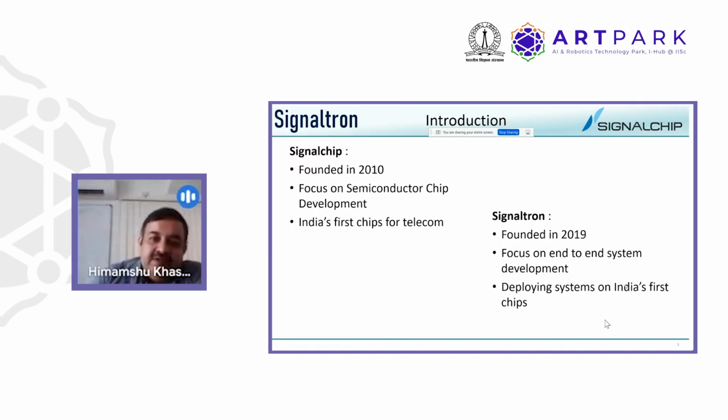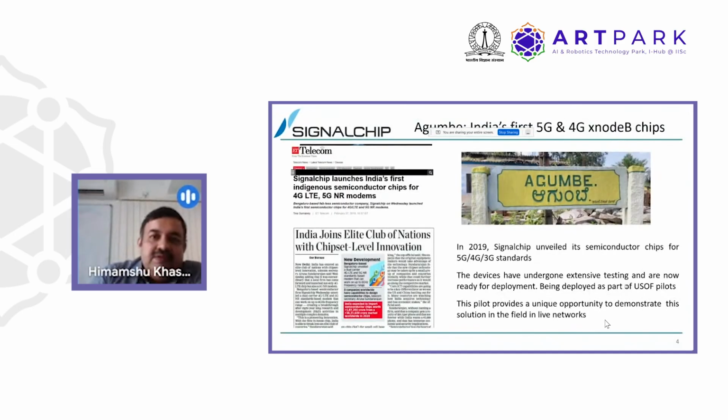And in 2019, we started Signaltron to focus on the complete end systems using these chips that we built earlier in Signal Chip. As I mentioned, in 2019, we came up with this chipset called Agumbe, which is the first 4G, 5G chipset to come out of India.